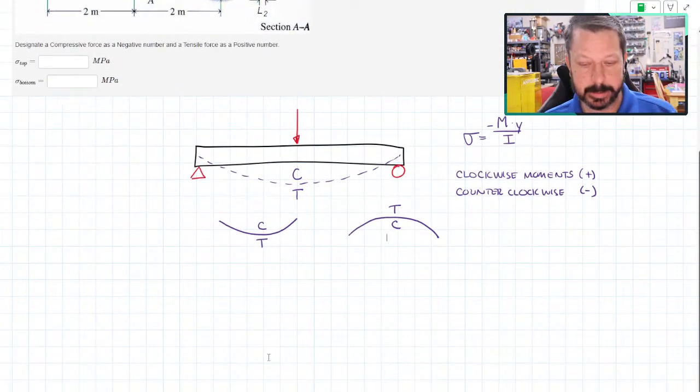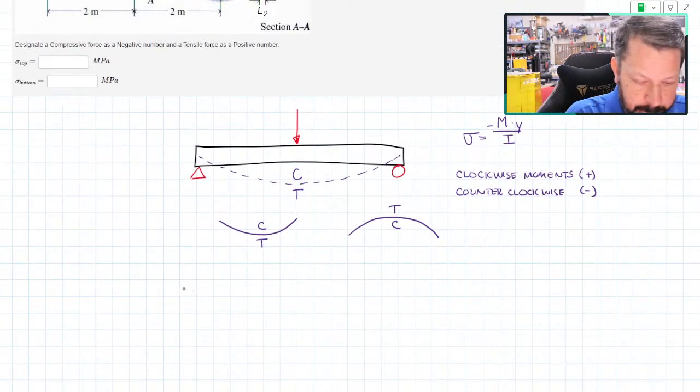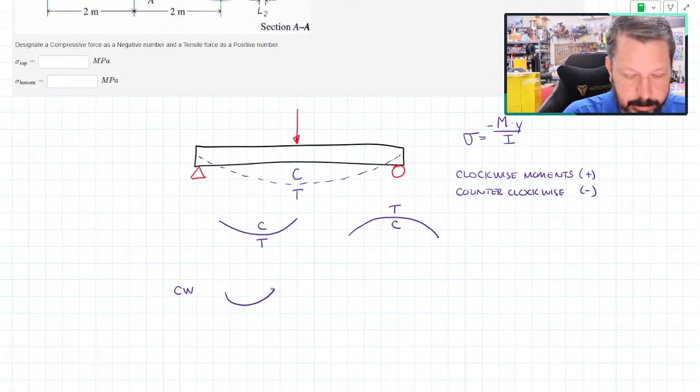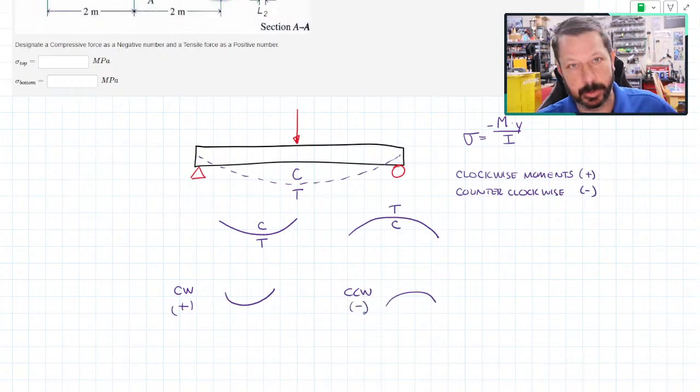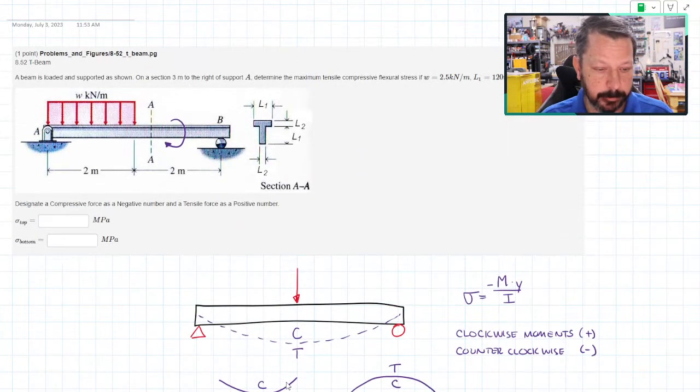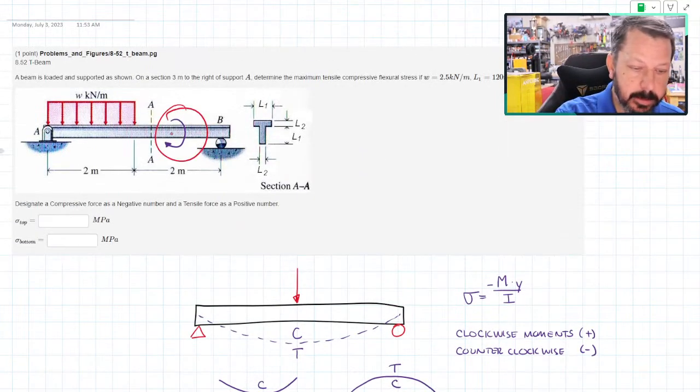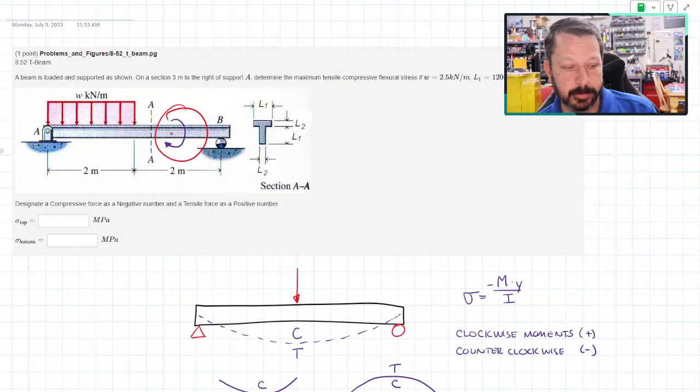What we're saying is that the clockwise moments are the ones that do this, and they're the ones we're going to assign a positive sign to, and counterclockwise moments do this, and we're going to assign them a negative sign when we're reading the shear and bending diagram, or if we're dealing with one of these external concentrated moments on a beam.